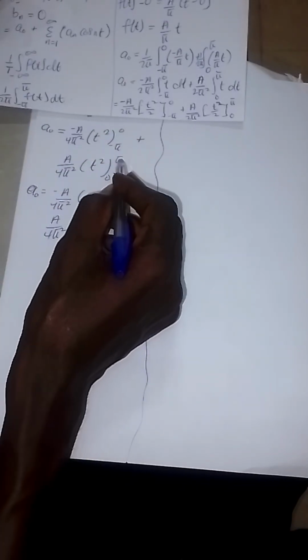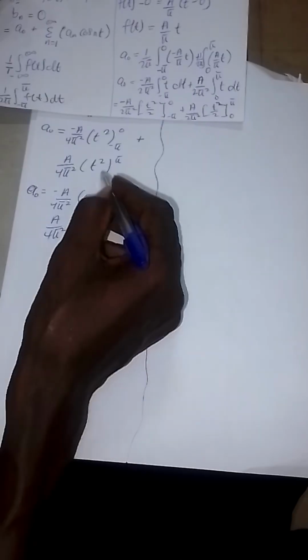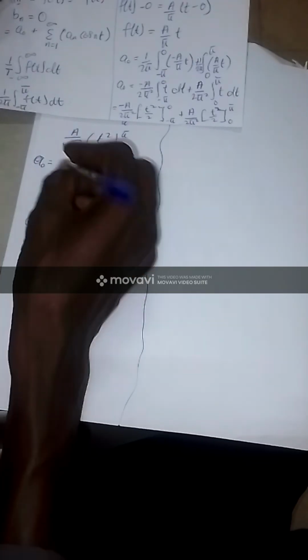Here, the upper limit is pi, so I put in pi first before I put in 0. So here, pi squared minus 0 squared. Okay. So now here, I'm going to have A naught is equal to minus A over 4 pi squared into minus pi squared.